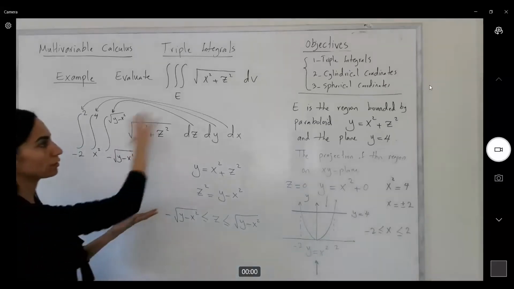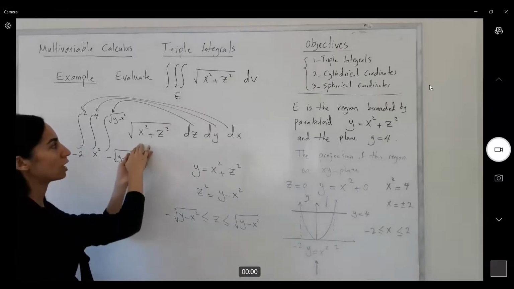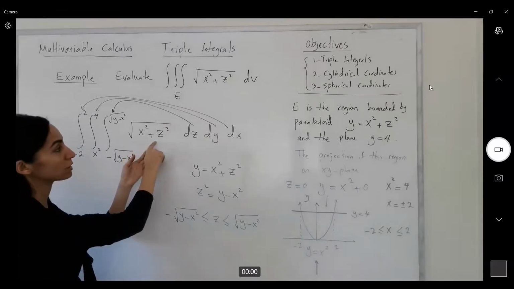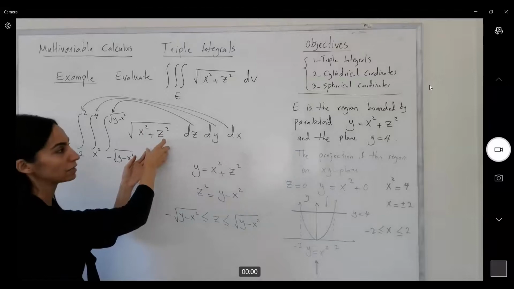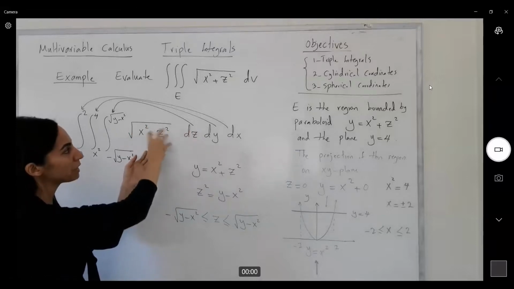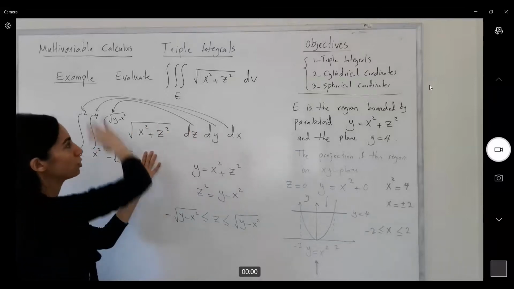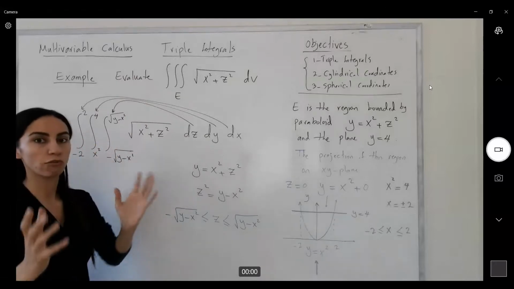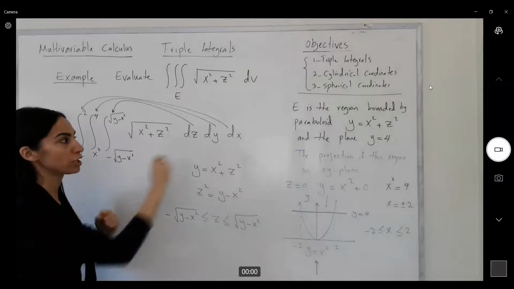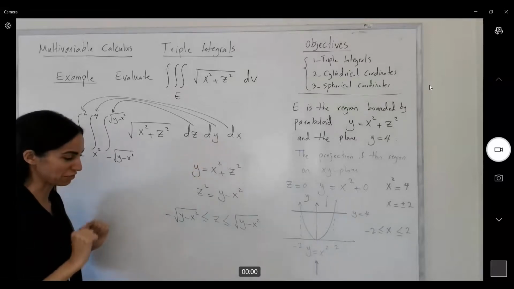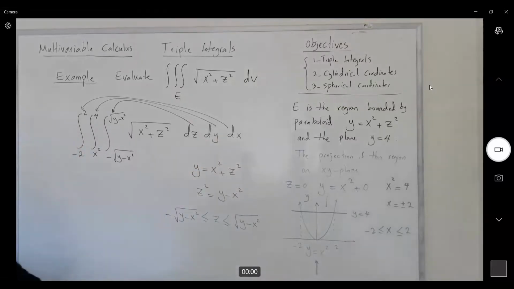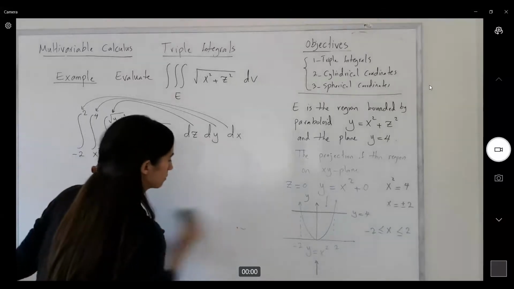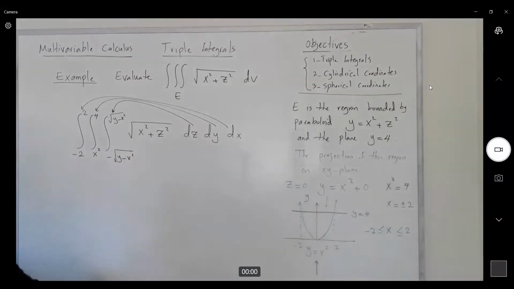As you can see, if you want to take this integral, you have the square root of x squared plus z squared inside the radical, and it makes it more complicated for you to find the inner integral with respect to z first. So what are we going to do? We're going to change the order of integration.